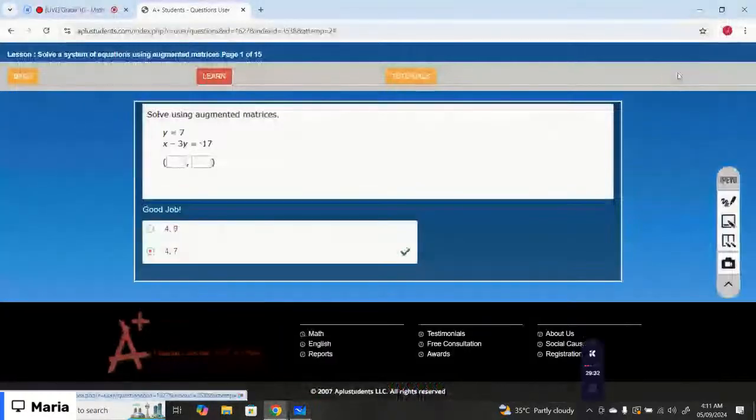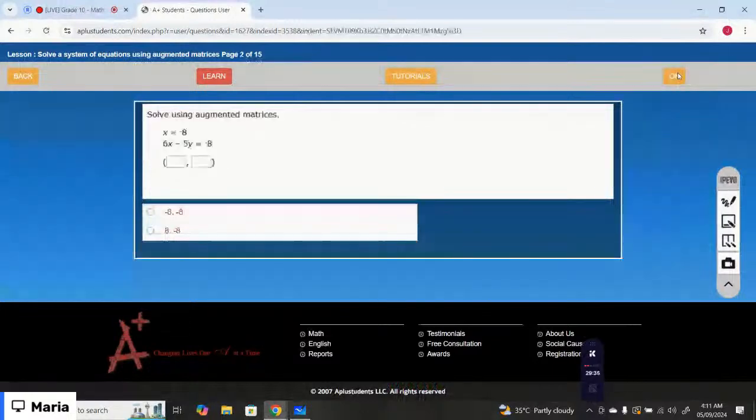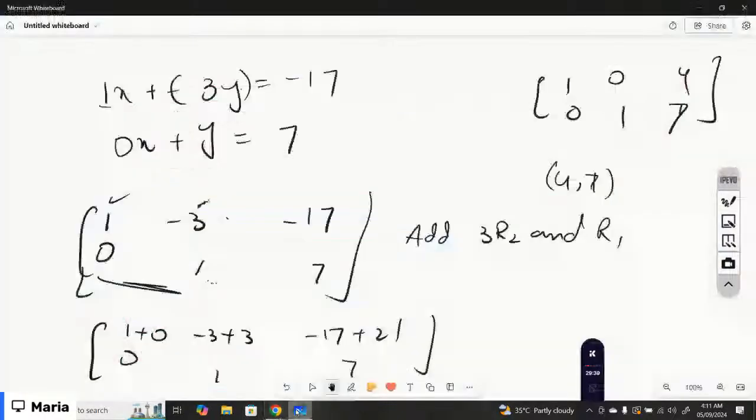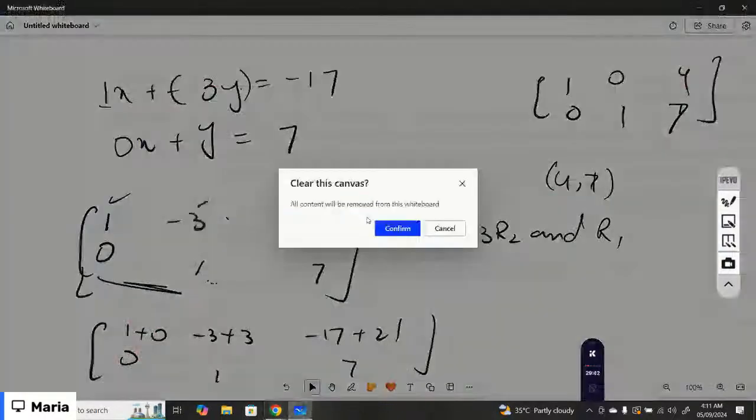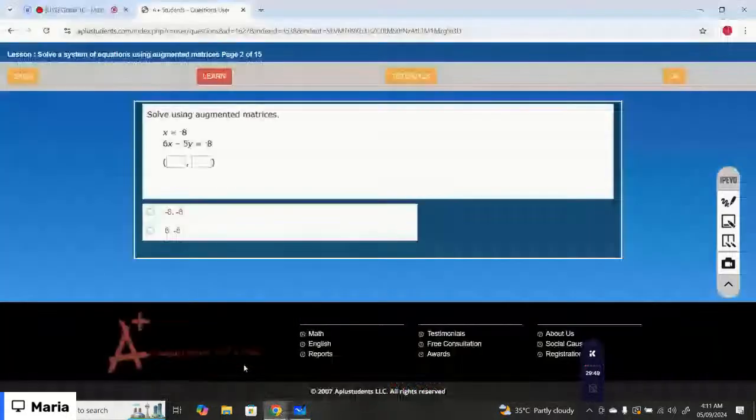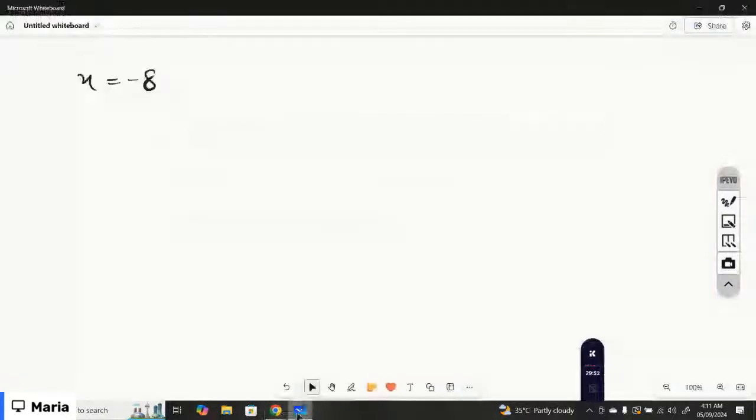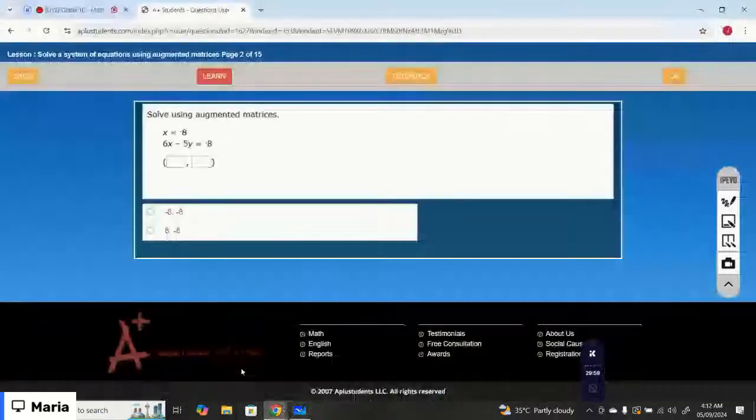Got it? Okay, let's just do one more. That is x equals negative 8, 6x minus 5y equals negative 8.